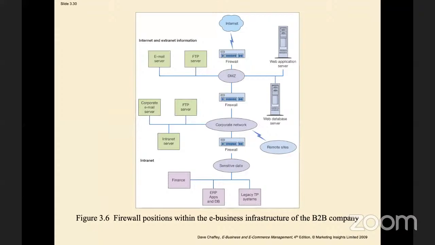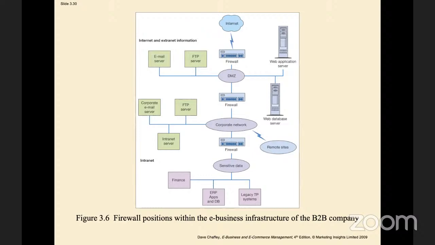Okay, now here are firewall positions within the e-business infrastructure of the B2B company. Internet and extranet information is email server and FTP server. Then the firewall comes through the internet at the DMZ, and it is connecting to the web database server and web application server.